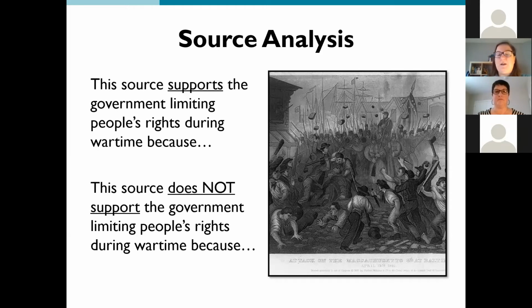And the creator of this engraving was from a Union stronghold, so he might have some bias toward the Union and toward supporting Lincoln's decision. We wanted to create sources that allow students to go in multiple directions with the essential question.